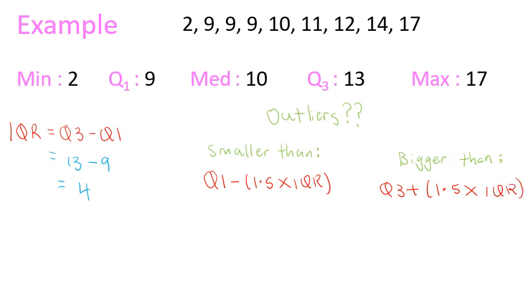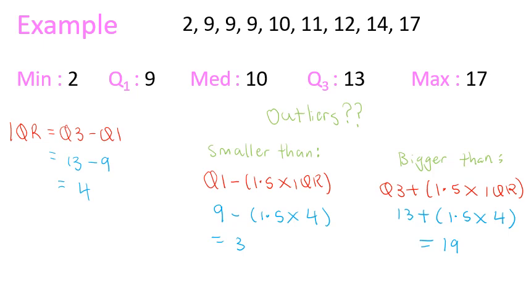Okay, so our Q1 was 9 minus 1.5 times, and we worked out the interquartile range was 4. Put that in the calculator, and that equals 3. And bigger than, so Q3 was 13 plus 1.5 times the interquartile range, which is 4. So that equals 19. So any numbers smaller than 3 or bigger than 19.